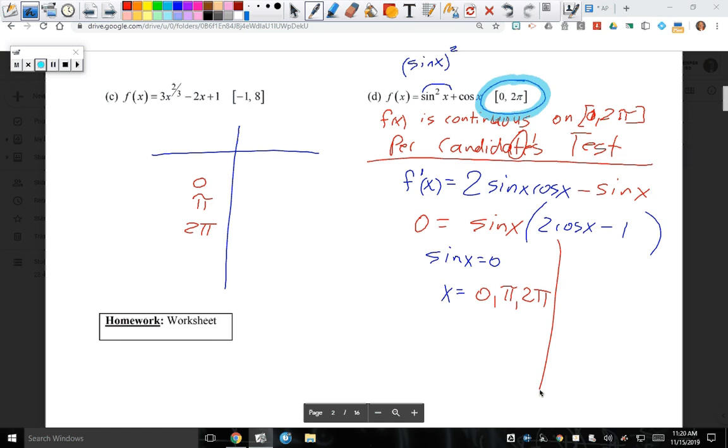Now we're going to set 2 cosine of x minus 1 equal to 0, which if I do basic algebra stuff, it's the same as cosine equals 1/2. On this entire unit circle, this is why we have you memorize it so quickly in pre-calc, when is the cosine of an angle positive? Well, that's quadrant 1 and 4. What would be the value?